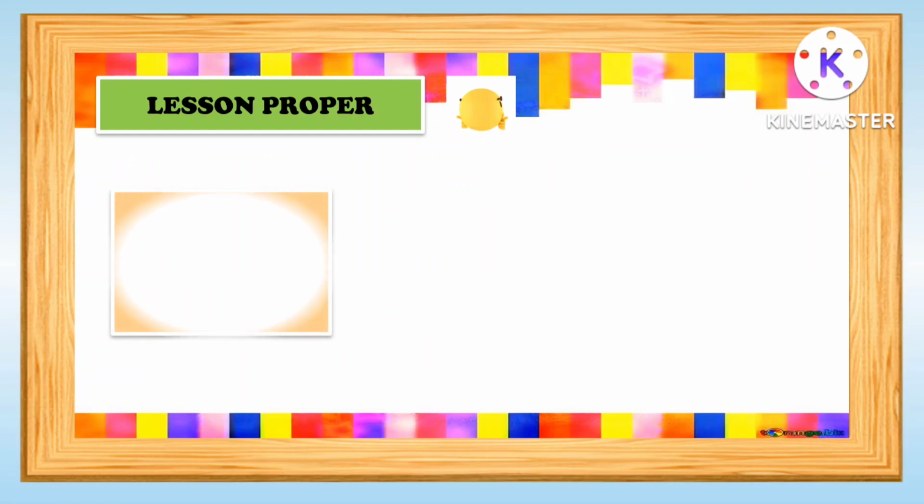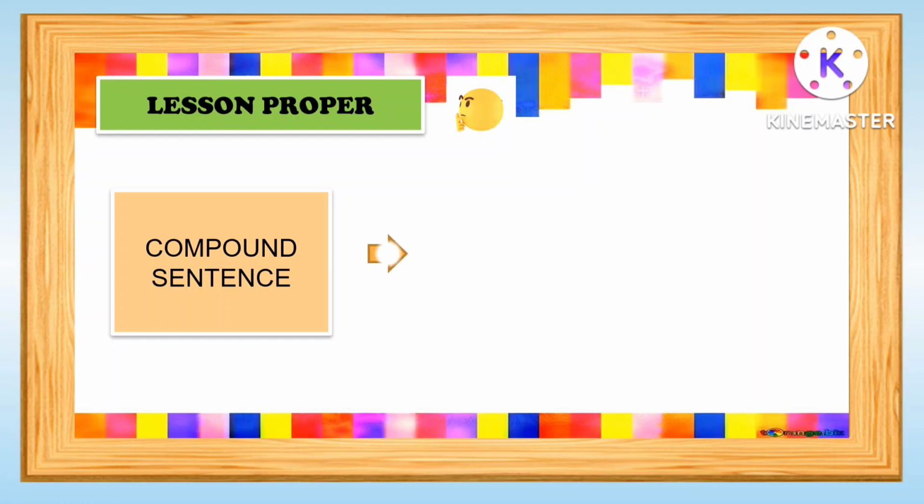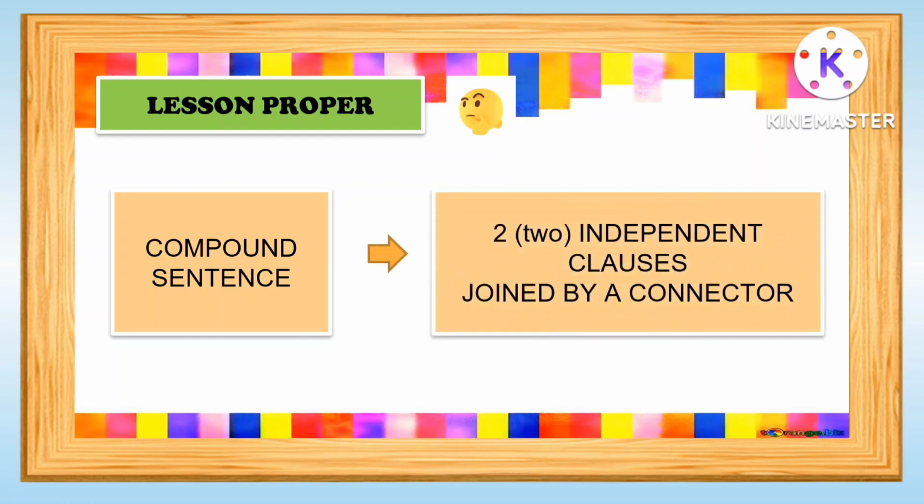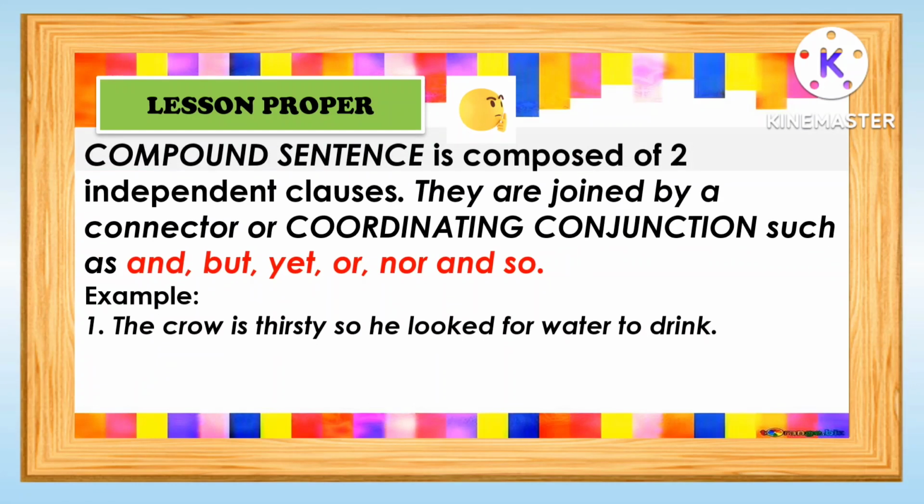Now let us have compound sentence. Unlike simple sentence, compound sentence has two independent clauses. And these two independent clauses are joined by a connector. Okay? Now, to broaden more our discussion about compound sentence, I have here the meaning.